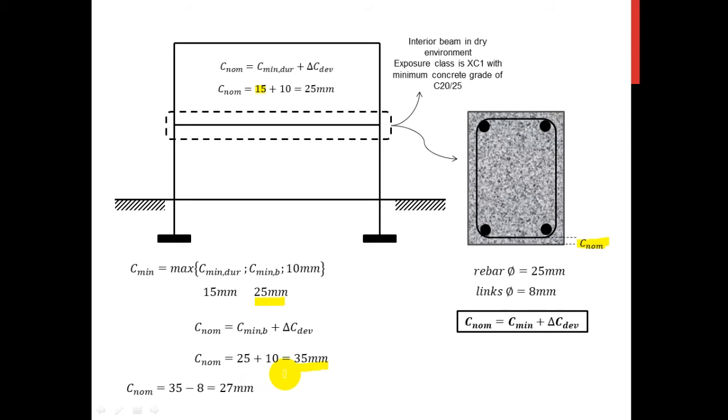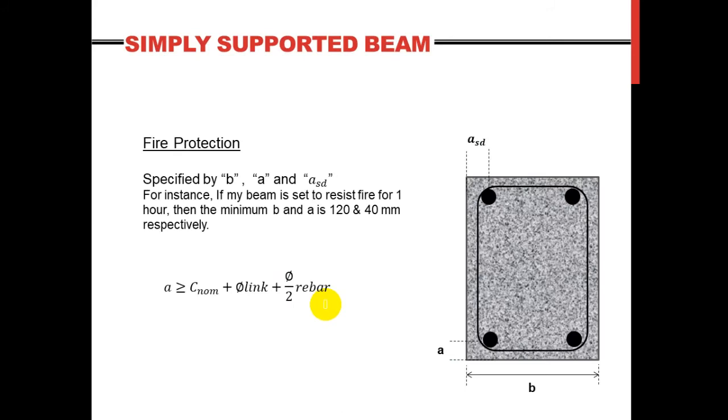But when compared with the durability, okay, with this one here, the nominal cover for durability, what we can tell is that the nominal cover for bond is obviously larger than the durability. So we adopt the nominal cover here to be 27 millimeter. And what controls this nominal cover this time is the bond, since it is greater. The durability was the difficult part. Let's do the easy one.